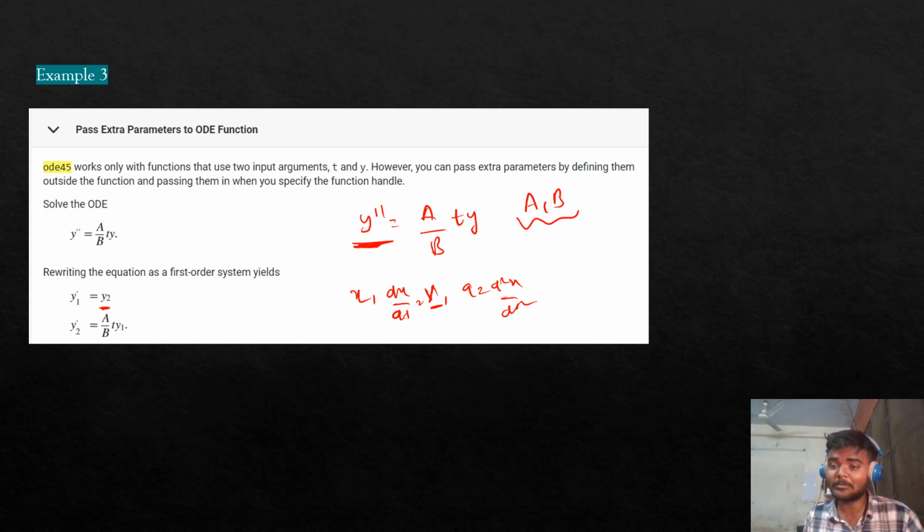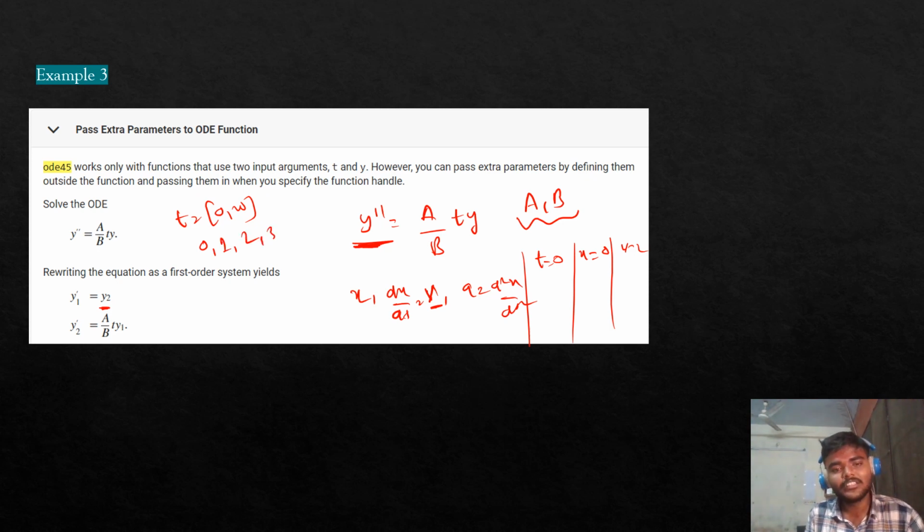You have to put the initial condition for the dummy variable also. As I've told you, t is equal to 0, x is equal to 0, and v is equal to 2, like that. Then this code will run, and this will give you 3 columns. The time column you have to assume: if we write t is equal to 0 to 20, then you have to assume the first one is 0, the second one is 1, 2, 3, 4, 5.